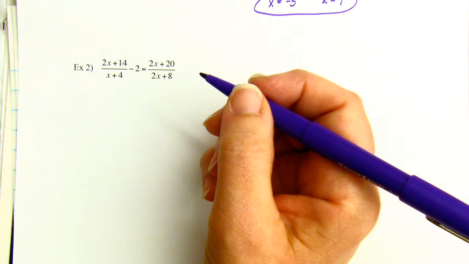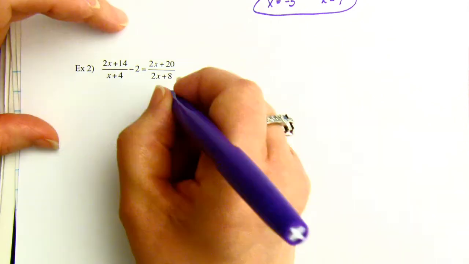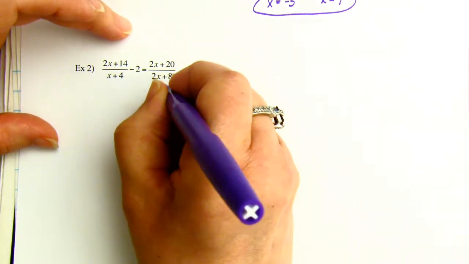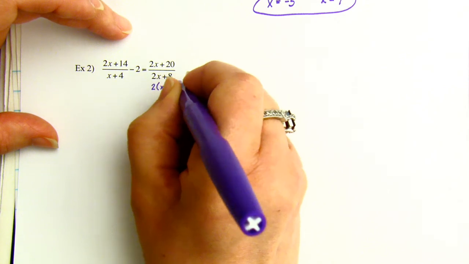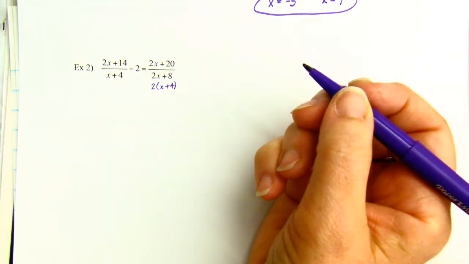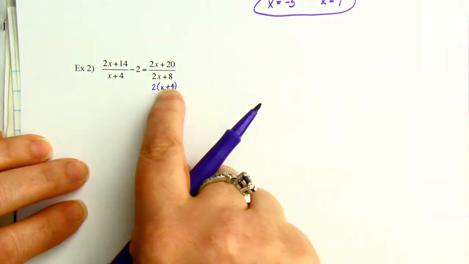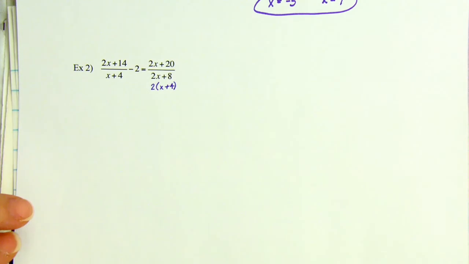Well, it's not dots and it's not cubes, so it's GCF. 2 times quantity x plus 4. And you see what happens here is this x plus 4 is that x plus 4. So it makes us able to get that actual least common denominator.